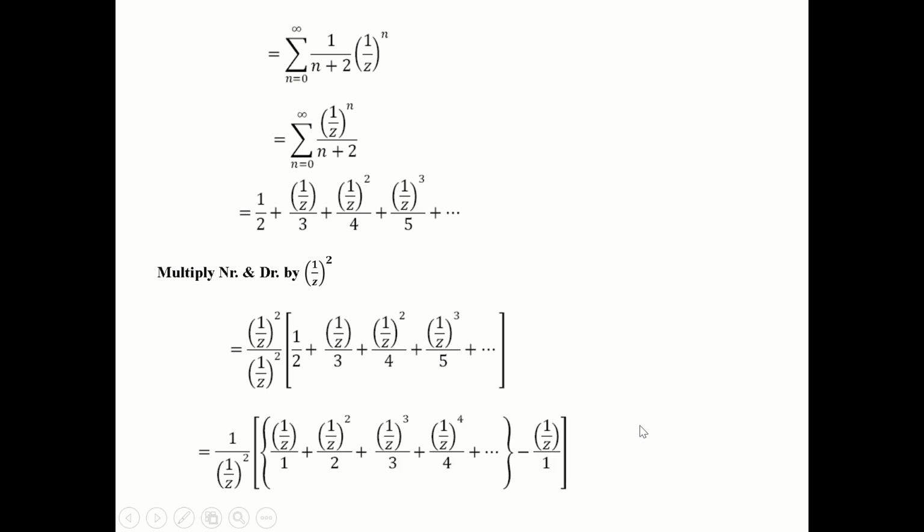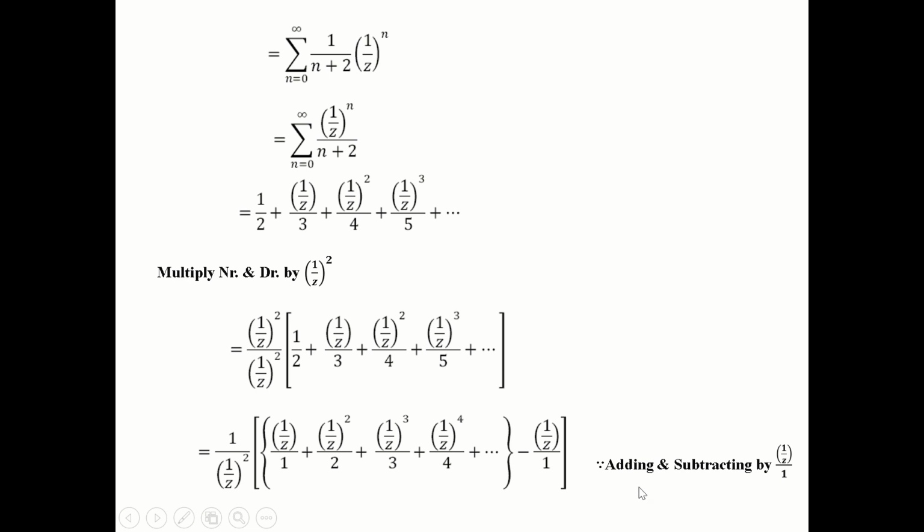So you will get (1/z)^2 outside, and (1/z)^2 inside in the numerator. So you will get (1/z^2) times [(1/z)^2/2 + (1/z)^3/3 + (1/z)^4/4 + ...], adding and subtracting (1/z)/1 for the adjustment.